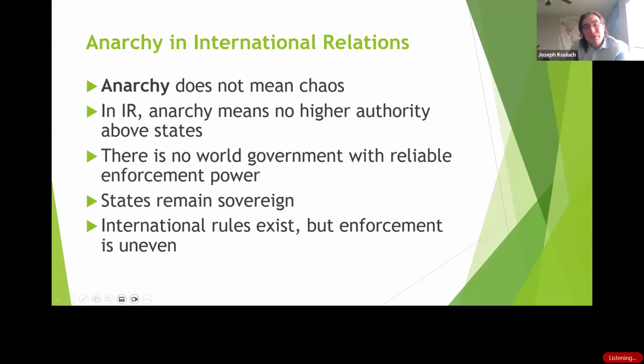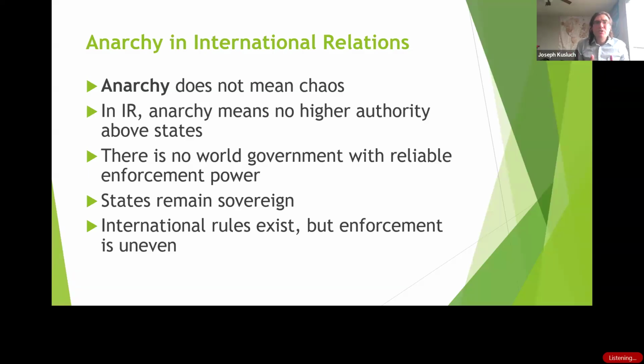In ordinary language, maybe you hear it with your friends at university, anarchy often means disorder or chaos. In international relations, however, anarchy has a much more specific meaning. It simply means the absence of a higher authority above states.